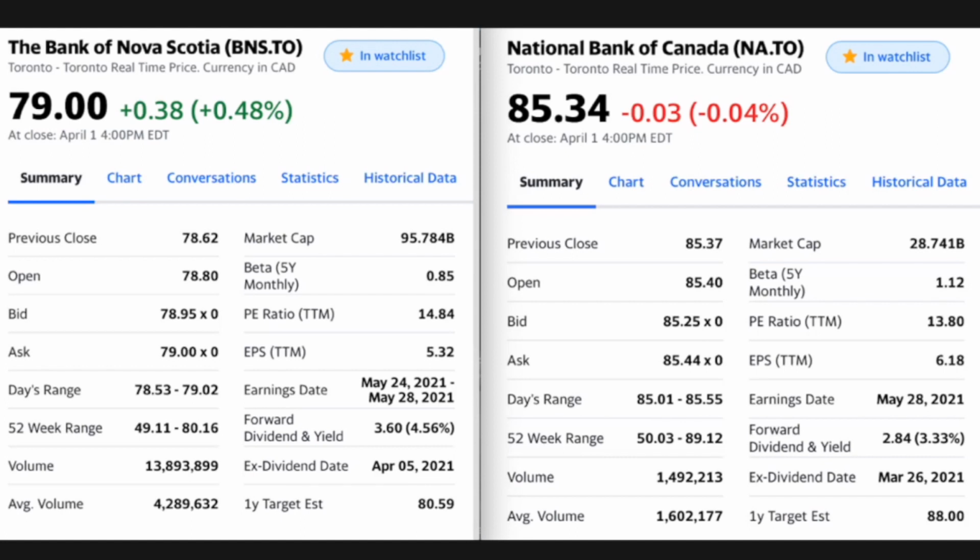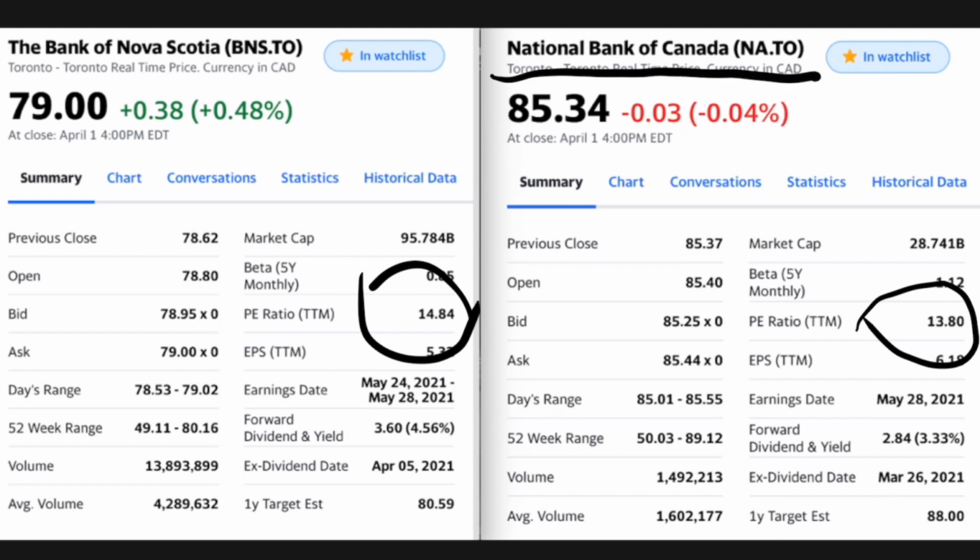So as an example, we have a PE ratio on the Bank of Nova Scotia of 14.84. Meanwhile, the PE ratio of National Bank is 13.8, which technically means that National Bank is actually a cheaper stock than the Bank of Nova Scotia.